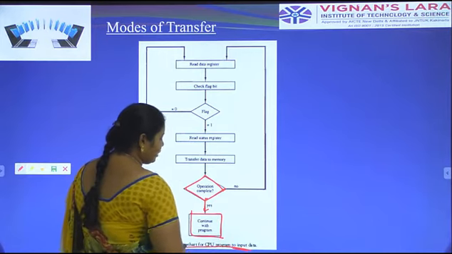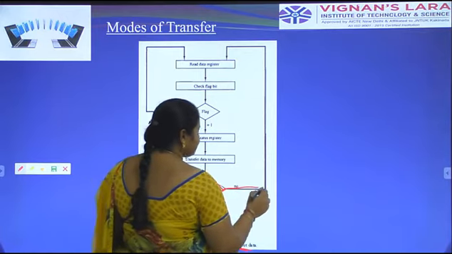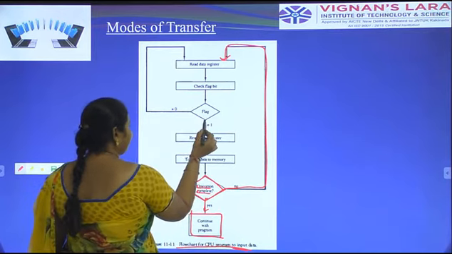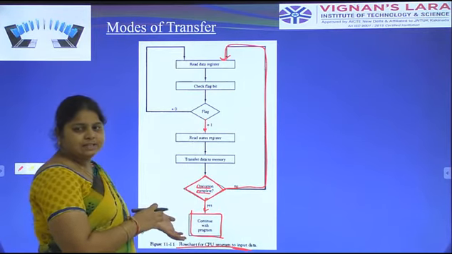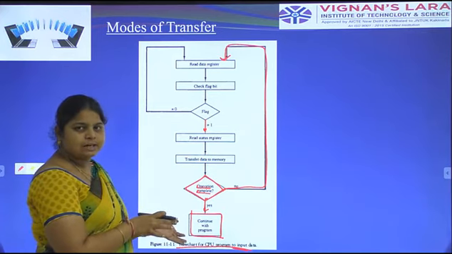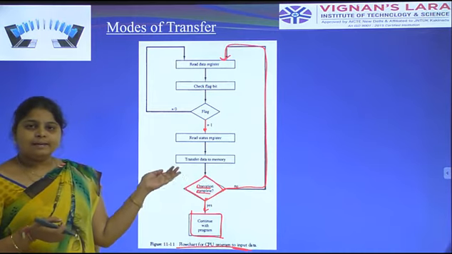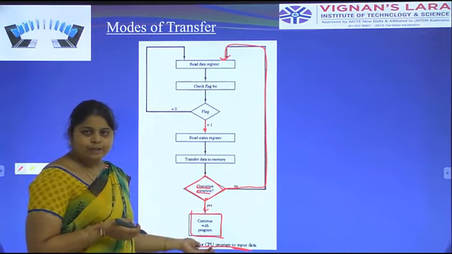This is the flow chart of the CPU. If the operation is not completed, the loop is repeated again. Here the flag bit is 1. The data is read from the data register with the help of the status register, and then the data is transferred to the memory. The operation is completed, and we continue with the program.